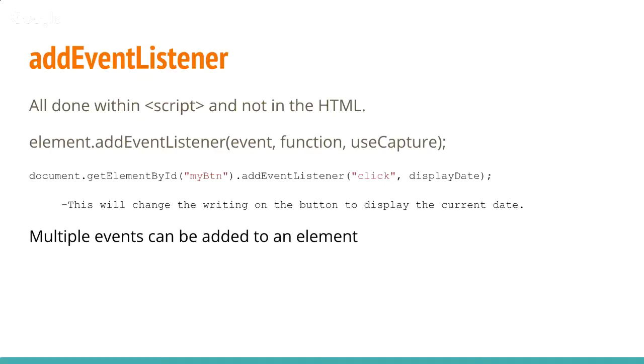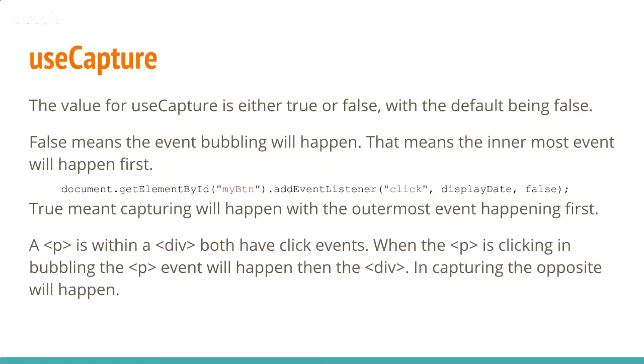So the use capture, I don't know if we've gone over this before, but when events happen, they talk about events bubbling or events capturing. So when an event bubbles, it starts with the innermost element's event, and that'll go off first.